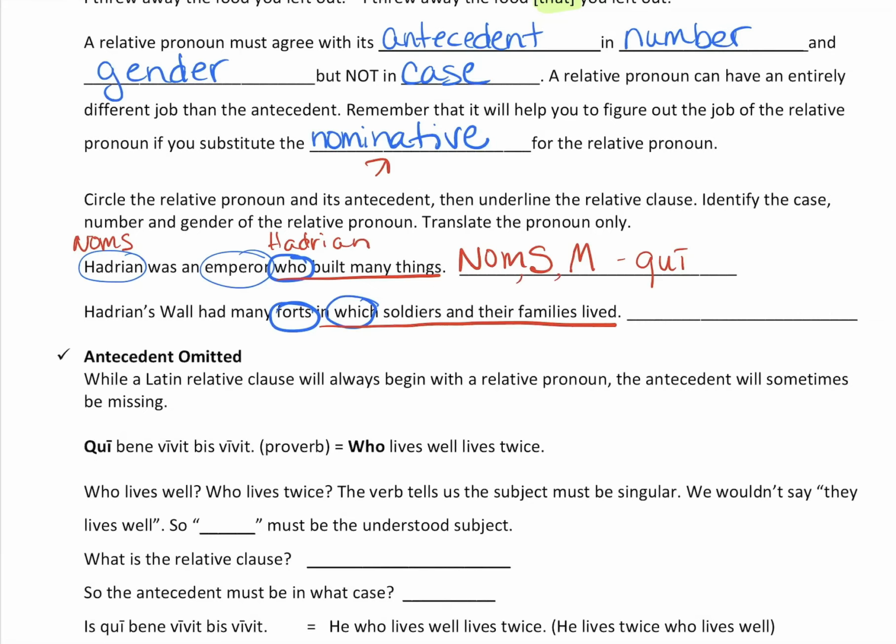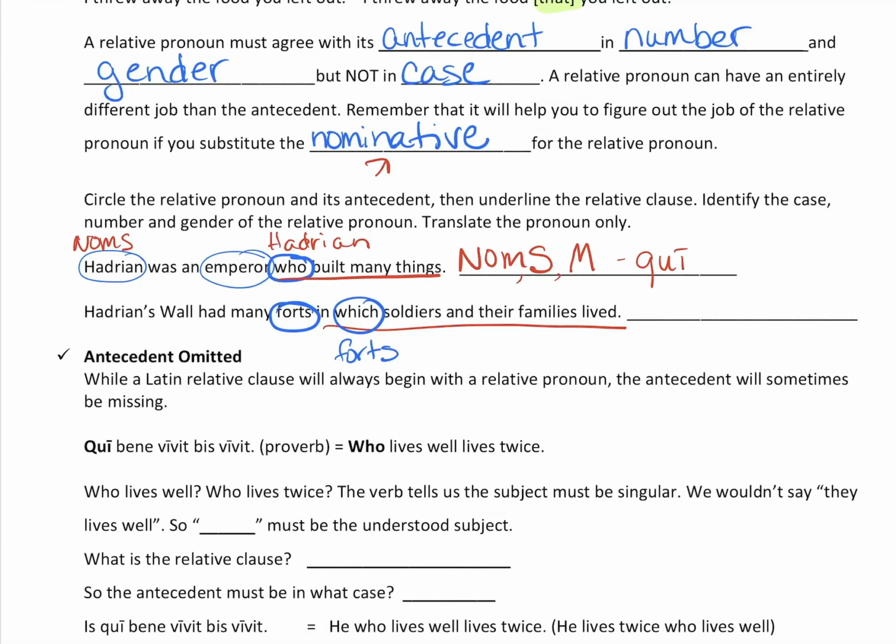So the question is, what is the job of which? So we're going to substitute forts. So if we took which and wrote in, I just erased that, sorry, in which soldiers and their families lived. If we took the word which and substituted forts, now turn it into a complete sentence so it makes sense.